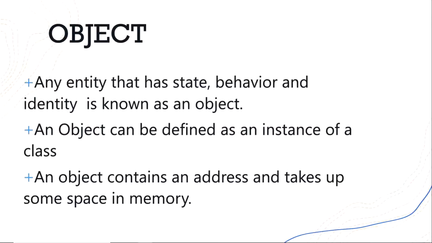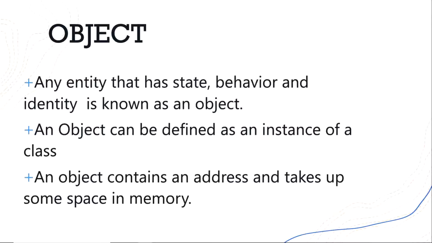The other thing is that an object can be defined as an instance of a class. Class is nothing but the blueprint of an object or collection of objects. For example, if the objects are Ford Mustang or Audi or Mercedes or Dodge or whatever it is, all these are basically cars.